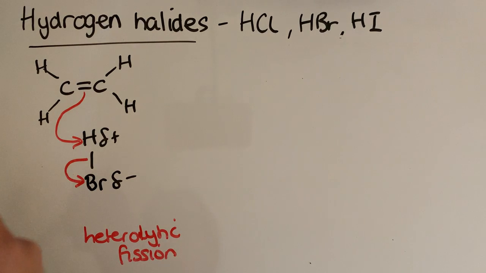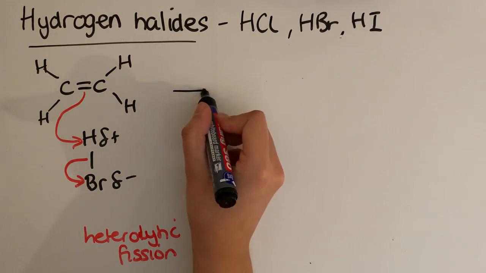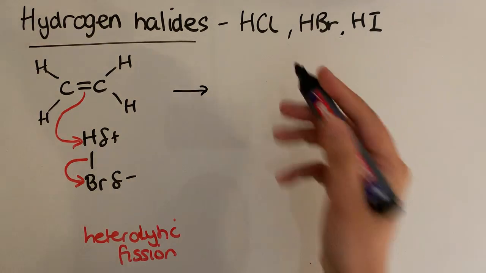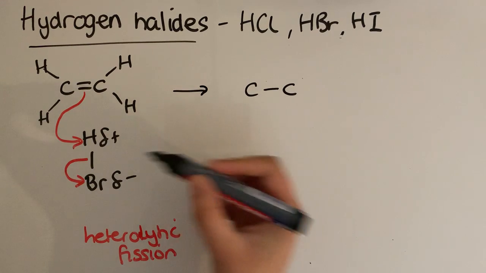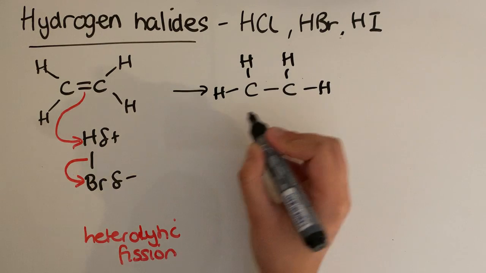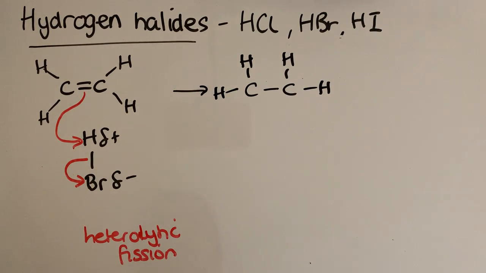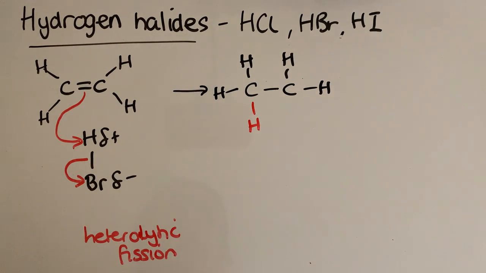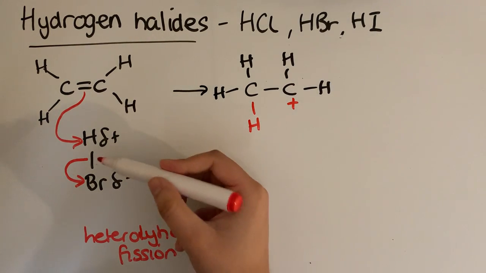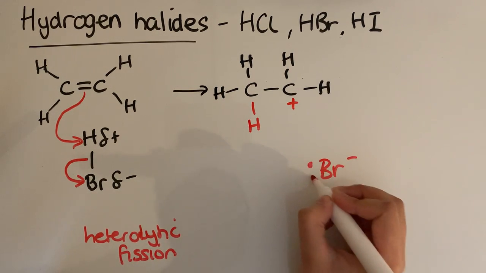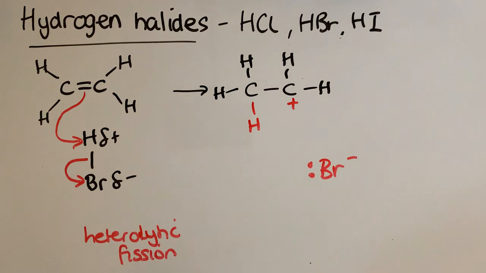So next step, the pi bond is broken. We formed a bond, so I'll draw the other hydrogens in first. We formed a bond between the carbon and the hydrogen. This carbon here has a positive charge, so it's our carbocation. And because the bromine ran off with the electrons, it's bromine with a negative charge and a lone pair.